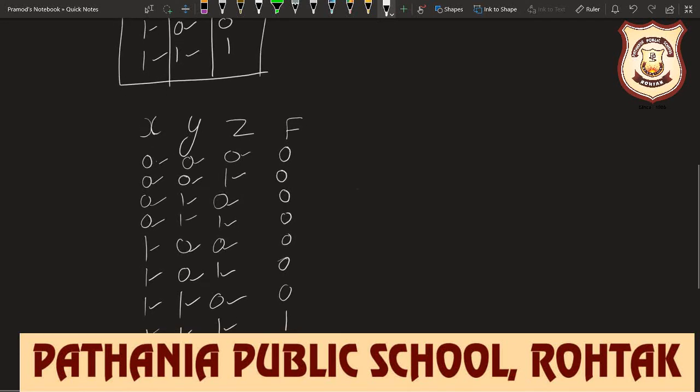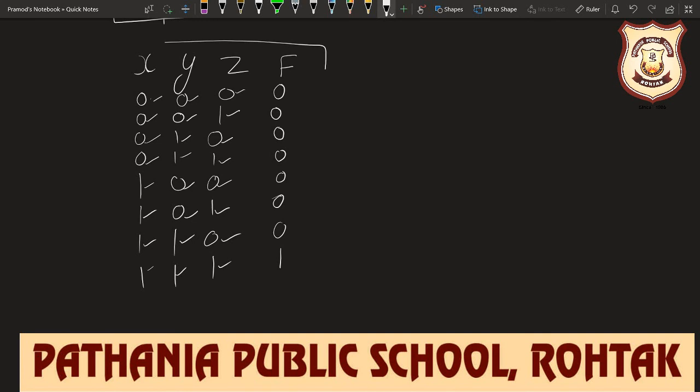So this is the truth table for 3 variables.